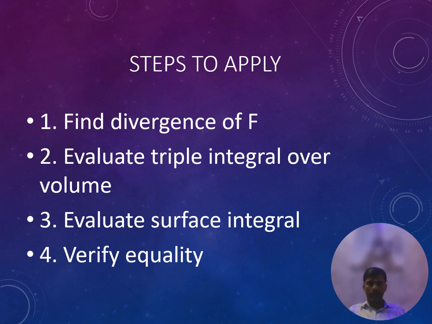Step one, find the divergence of F. Second, evaluate the triple integral over the volume. Third, evaluate the surface integral. Fourth, verify the equality. So when these conditions are satisfied, we can solve the problem.